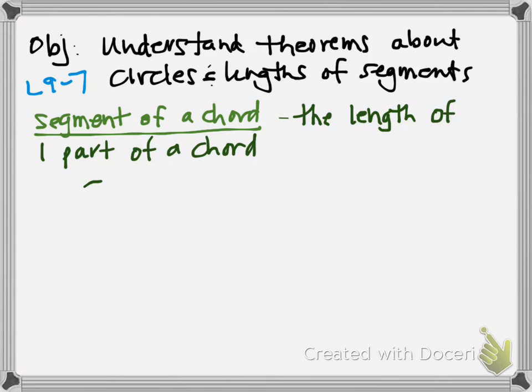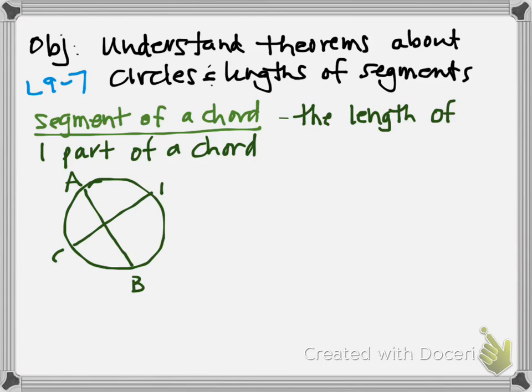So let me give you an example. Kind of looks like what we were talking about with the two chords intersecting. And we can figure out the measure of the angle. So we've got chord AB, we've got chord CD.